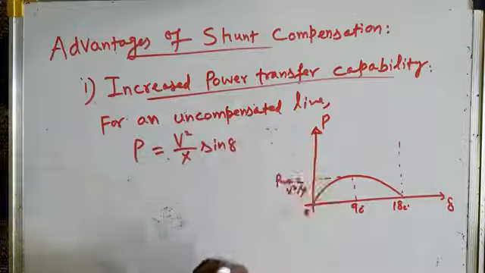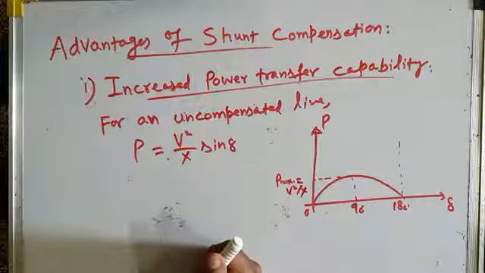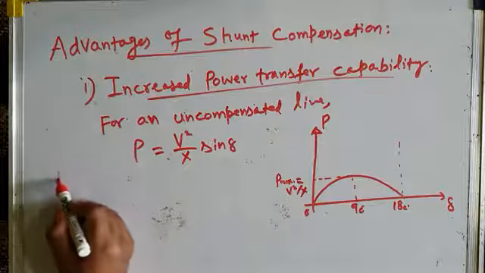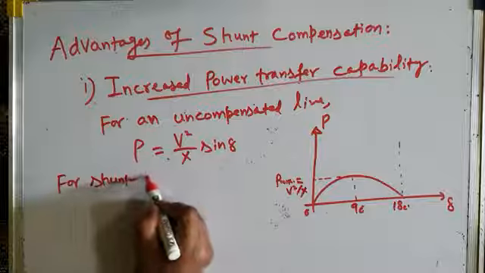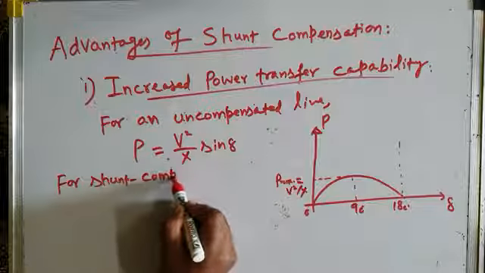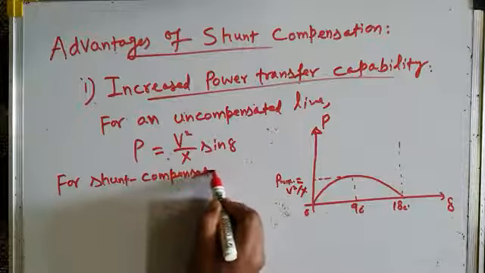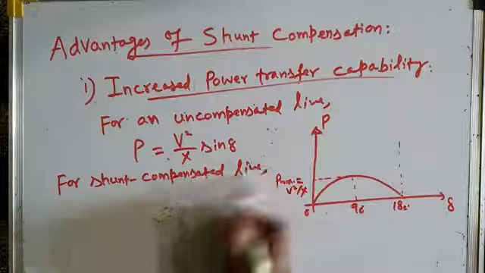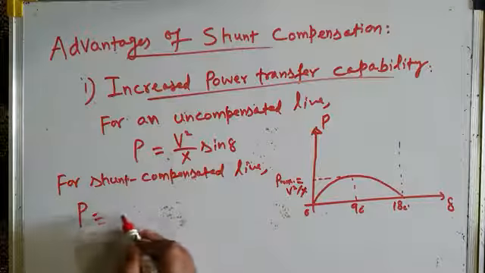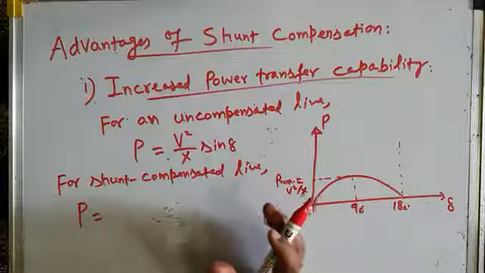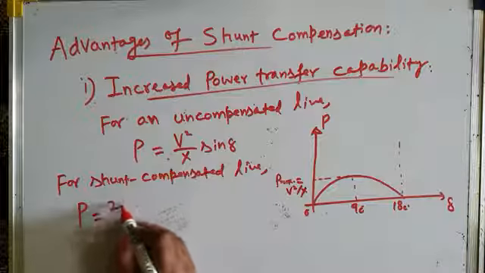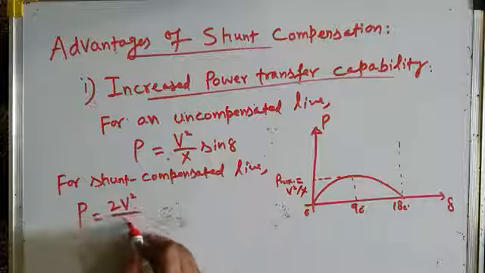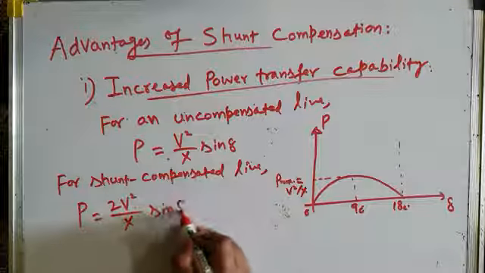Now, if you are compensating your line with the help of shunt compensation technique, for a shunt compensated line, the characteristics of the transmission line are modified, and the power transferred over the line is now 2V square by X sine delta by 2.